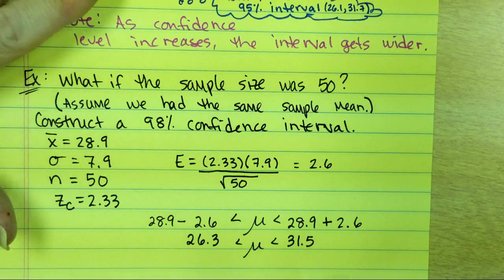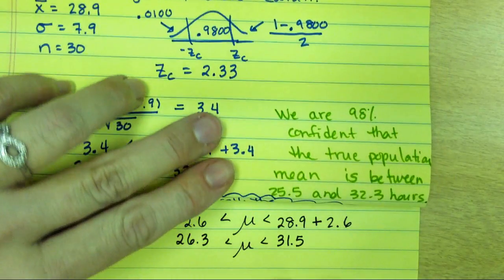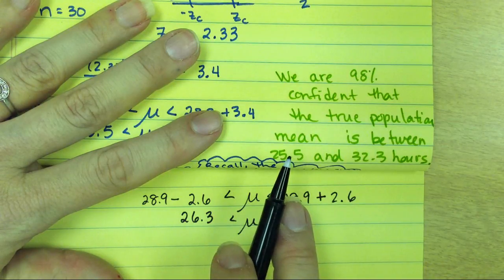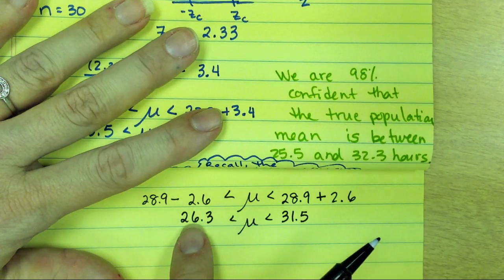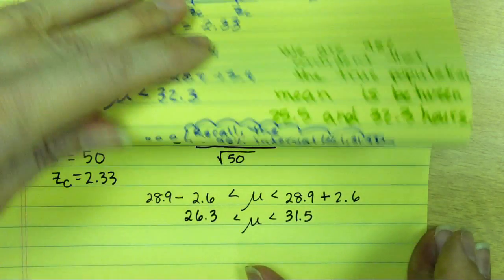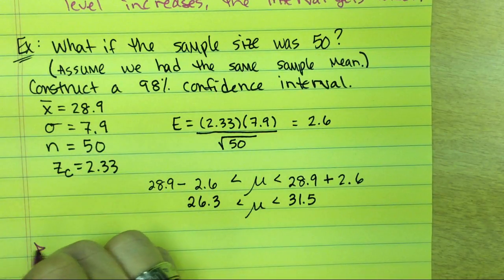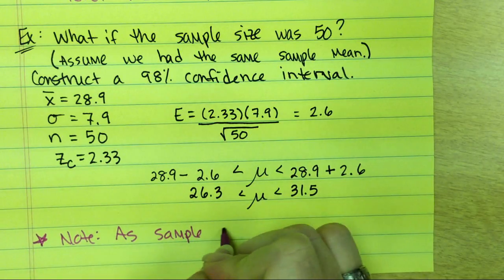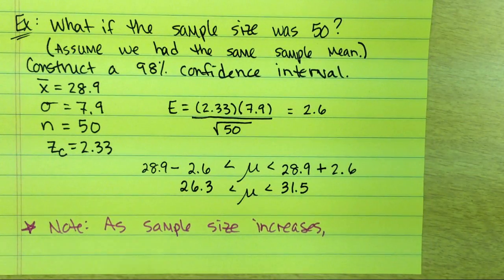Now let's compare that to the other 98% confidence interval up here. So when our sample was 30, our 98% confidence interval was 25.5 to 32.3. But when our sample is 50, our interval is 26.3 to 31.5. So what happens is, as the sample size increases, what happens to our interval?